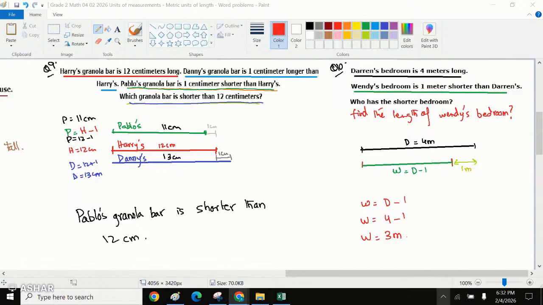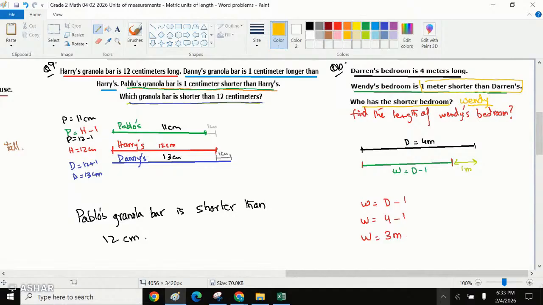Because in the question it already says that Wendy's bedroom is 1 meter shorter than Darren's, so we already know who has the shorter one: Wendy. That's the answer we already have. But we changed the question and said, find the length of a bedroom. So Wendy's bedroom is 1 less than Darren's. Darren was 4, 4 minus 1 comes out to be 3.